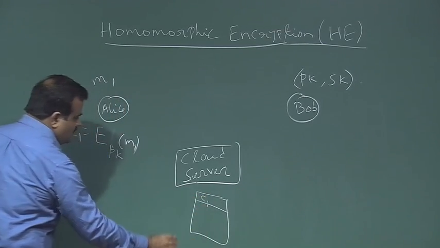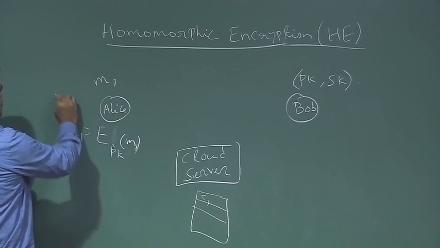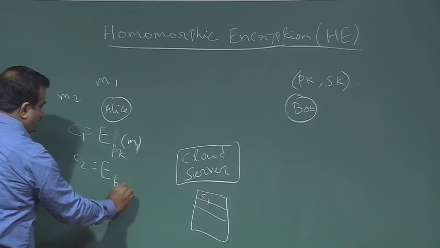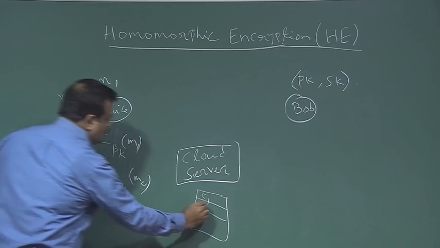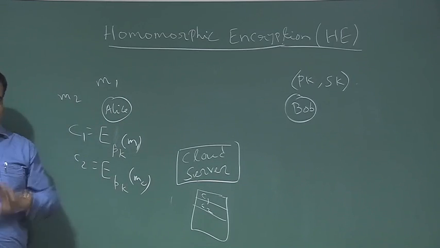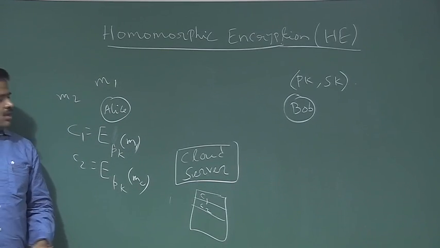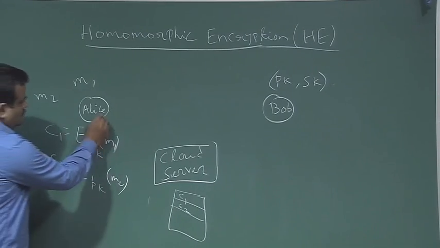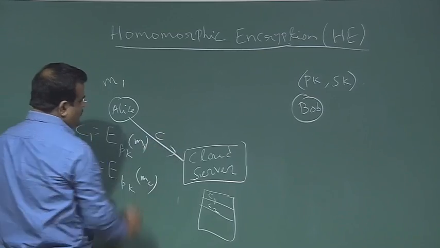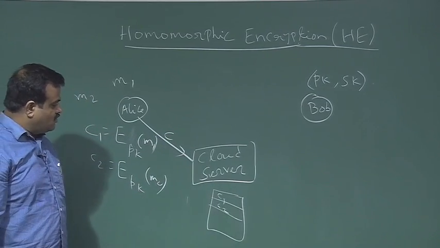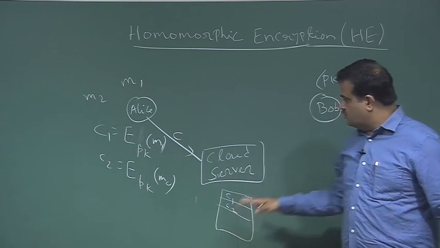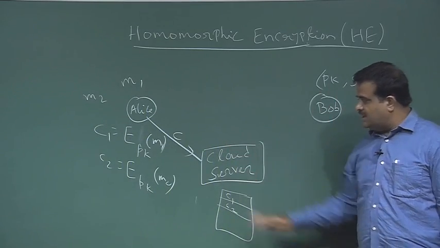So C1 is stored here, and if we have another message M2, then we get C2 as E of PK, M2. So C2 is stored here. This is the storage in the cloud. This C is sent to the cloud, and the cloud is storing this. So the cloud has this ciphertext storage. This is the database maintained by the cloud.